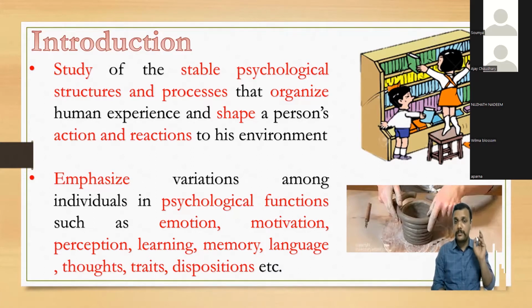Based on our past experience only, we do anything. When a situation suddenly arises, you react in one particular way, depending on how you have seen other people act in that situation. Based on that, our experience is organized, and it also shapes our actions and reactions to the environment.